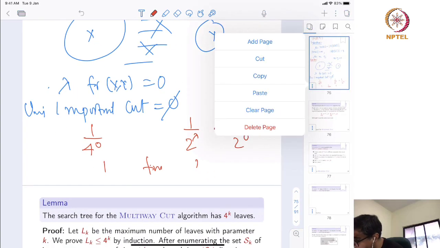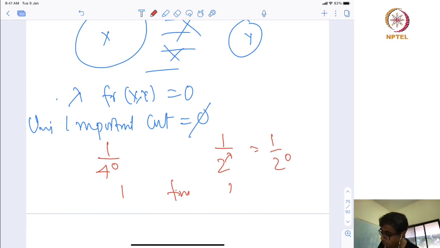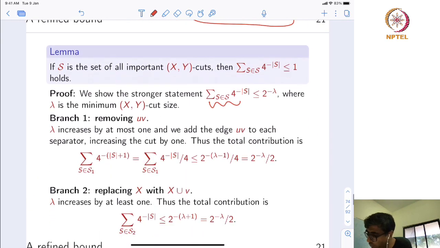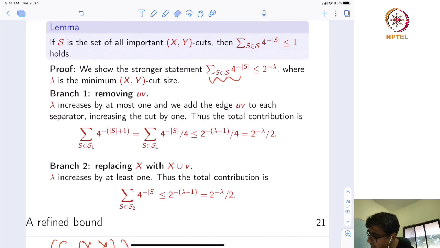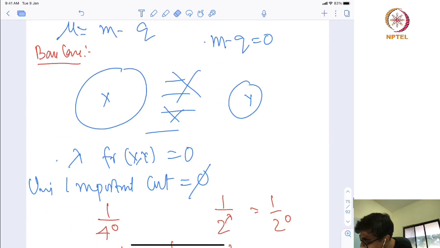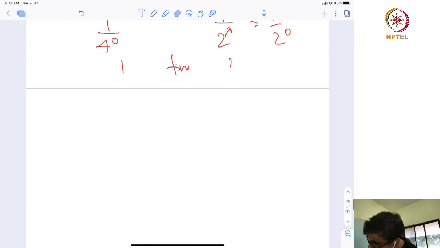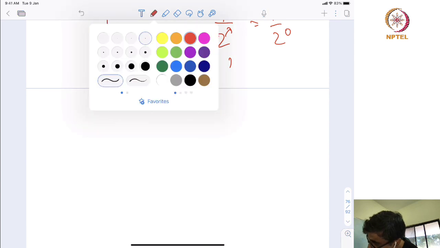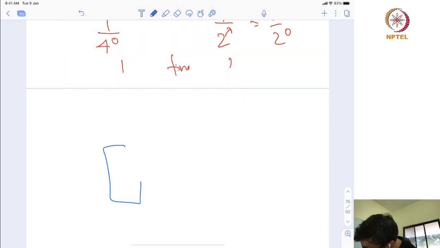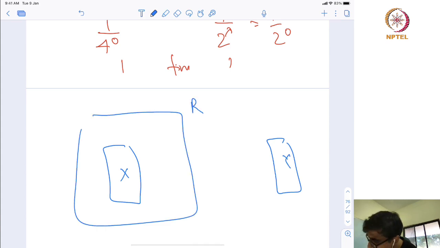Let's add an extra page. Okay. So now you recall what we knew about every important cut. Every important cut had the following property. Suppose this is my X and this is my Y. Every important cut, suppose this has R. What is the property?